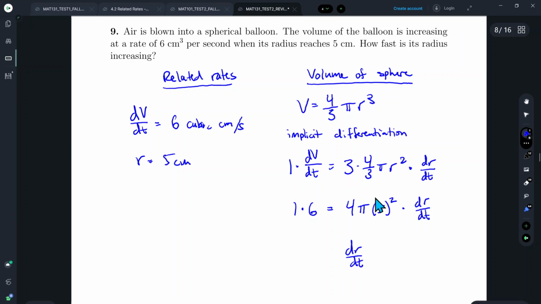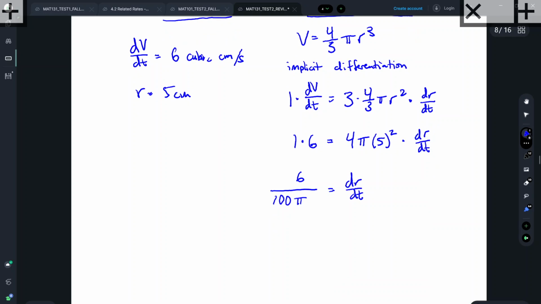Right, so this whole thing needs to be divided. So you get 1 times 6 is 6 over 4 times 5 squared. 5 squared is 25, times 4 is 100, so that's 100 pi. Okay, so that's the calculation for dr/dt.